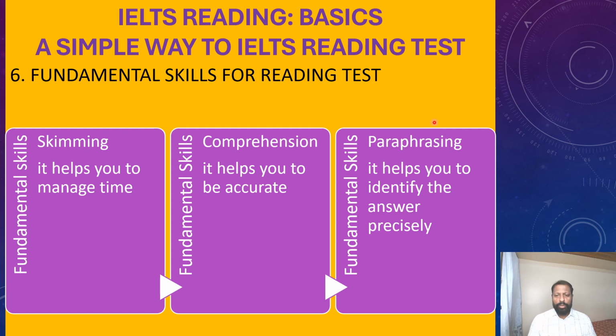So you need to become expert in this particular skill, paraphrasing. If you are expert, then you can easily find out the answers, and it really helps you to identify the answer precisely. You will never make a mistake with any of your answers in the IELTS test if you are excellent in paraphrasing.